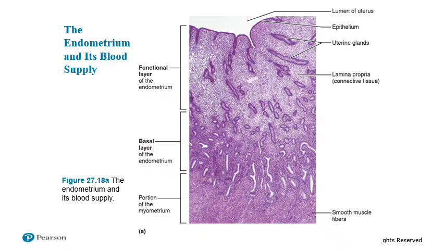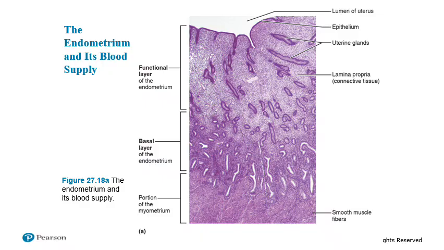The stratum functionalis, or the functional layer, is a very thick layer right here, which every month, together with the menstrual period, is sloughed off, but is also renewed every month. Then you have the basal layer. This is not shed, unlike your functional layer that is shed monthly.